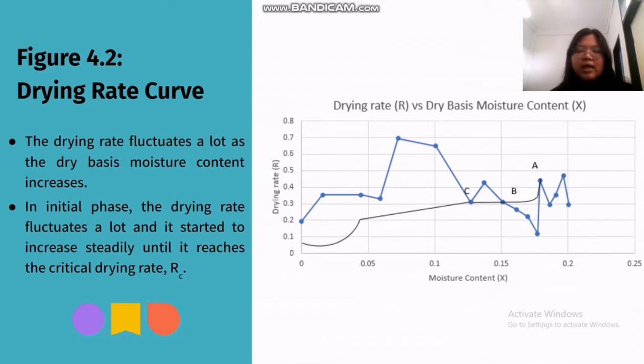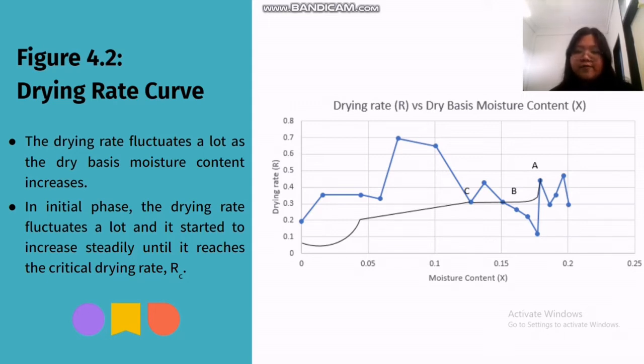Then based on Tables 4.3 and 4.2, we can use the calculated values to plot a drying rate curve, which is the drying rate versus dry basis moisture content. Based on Figure 4.2, we can find that the drying rate fluctuates a lot as the dry basis moisture content increases.